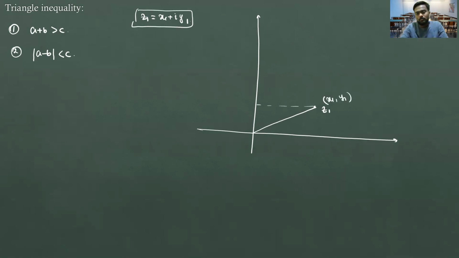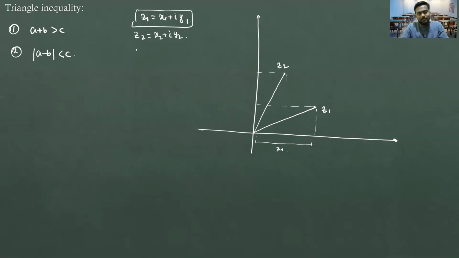Now this length is Y1 and this length is X1. If I take another point here, Z2, and Z2 is X2 plus iota Y2. So this point is X2 plus iota Y2. This length is Y2 and this length is X2.